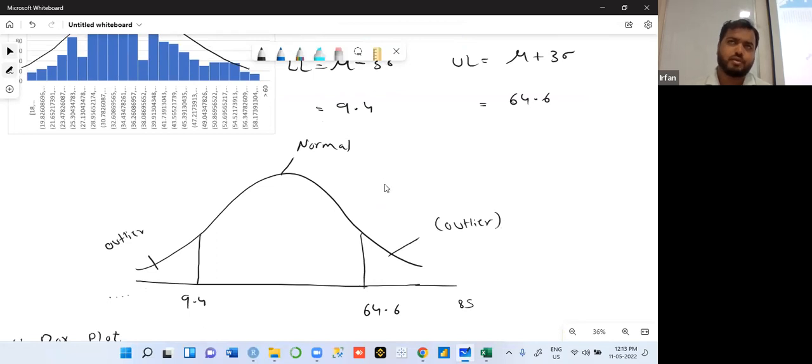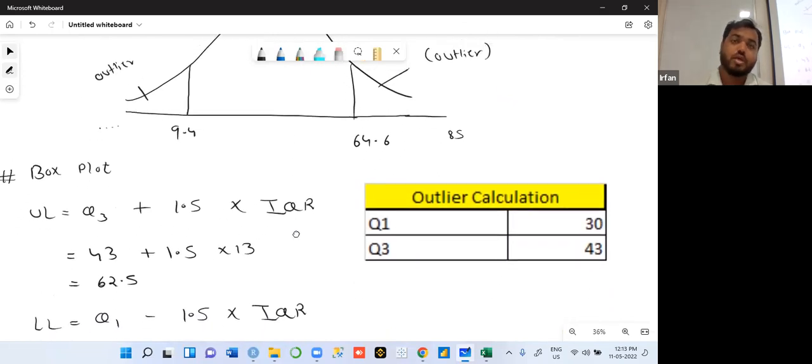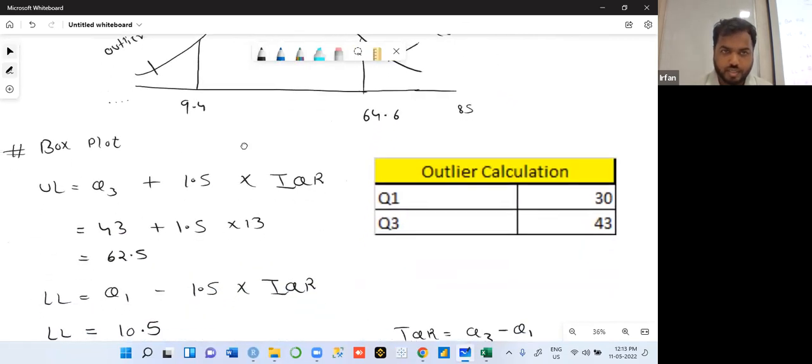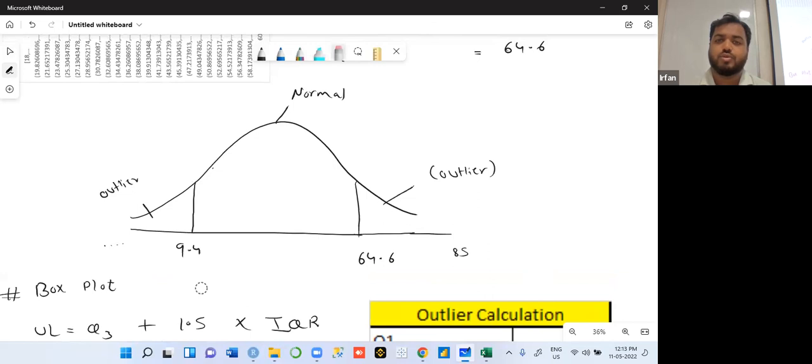Small changes are okay, that much change will be there. What lies in between is normal. It's okay, a minor difference will always remain. No, they are normal. As per the upper box plot range, if they are not in range, those are outliers. Here it gives you an idea whether it's normal or not normal.